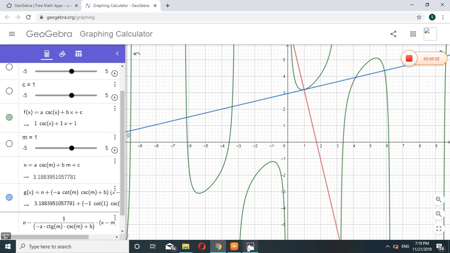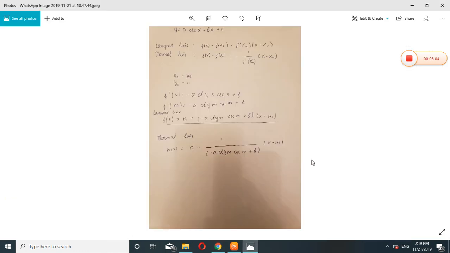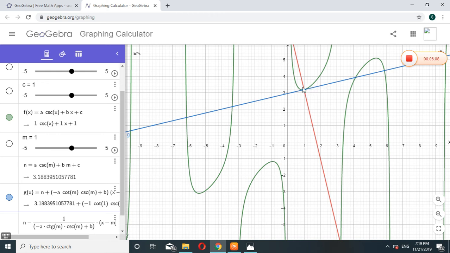First I want to show you that I just write what I have written here. As you see, these two lines are perpendicular to each other.